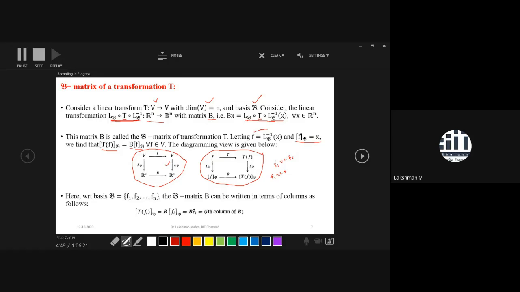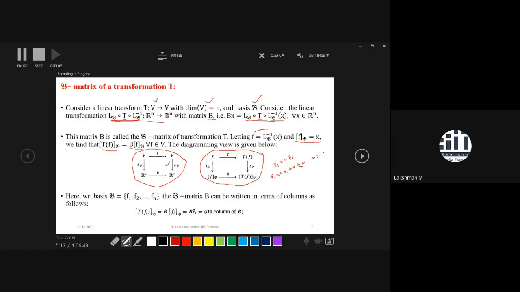And what would be the coordinate of f1? Easily we can see it this way. We can write f1 as 1 time f1 plus 0 time f2. Why 0 time? Because f1 is linearly independent with respect to the other basis elements as well. So we are writing 0 time f2 plus, going up to fn, 0 time fn.